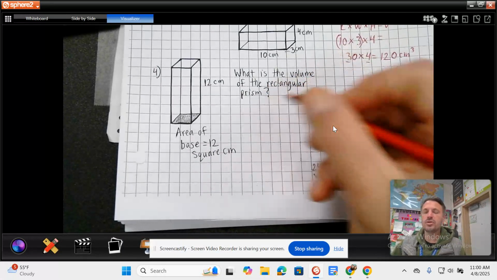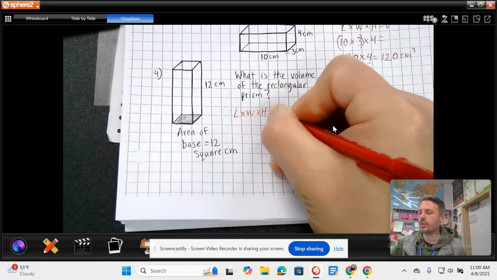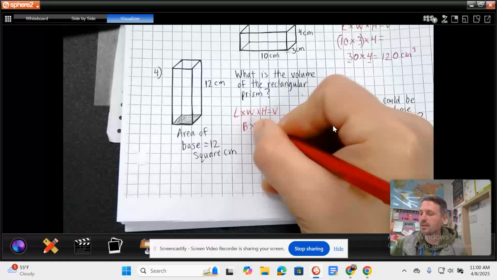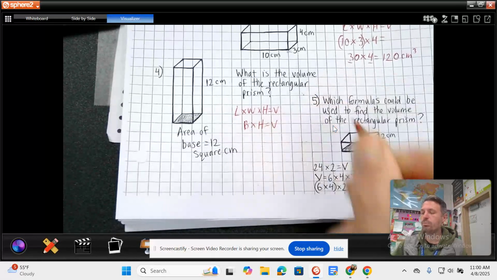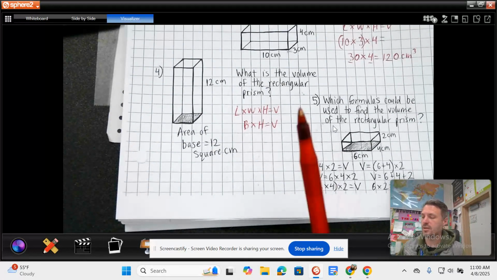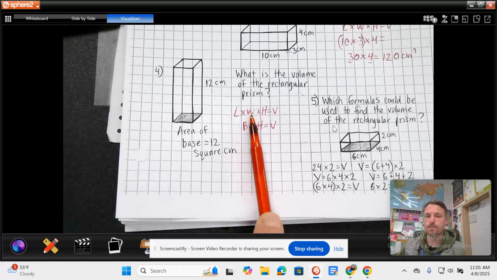So instead of using the formula length times width times height equals volume, in this one we're going to use base times height equals volume. But remember, those two formulas are really two different ways of writing the same formula, because the way you find the base is by multiplying the length times the width.